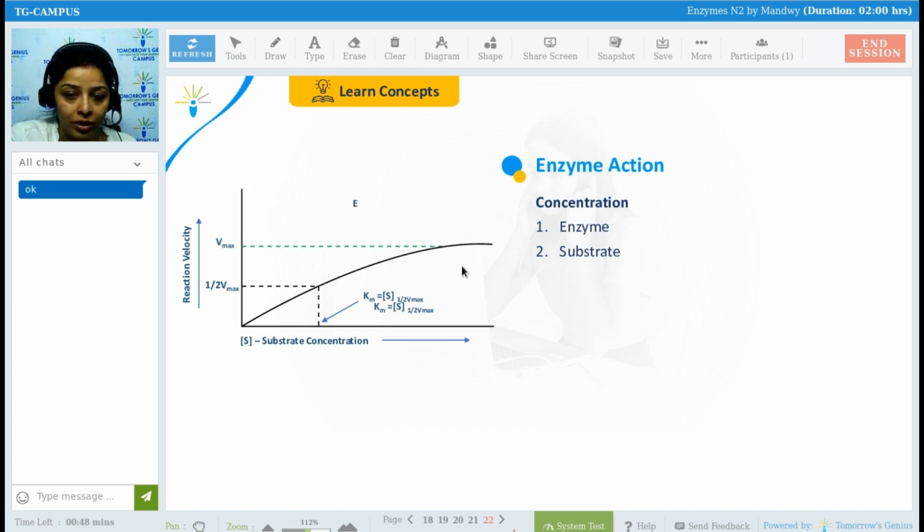So increasing enzyme concentration increases the number of available active sites. Please write it.